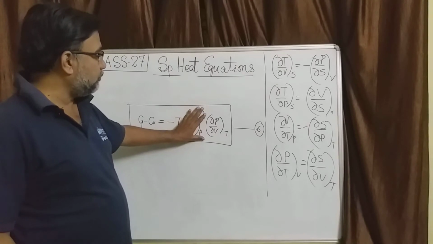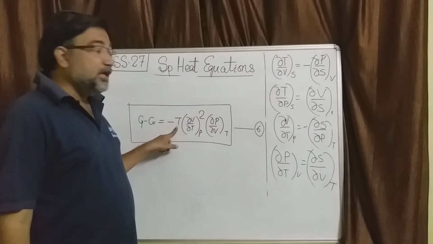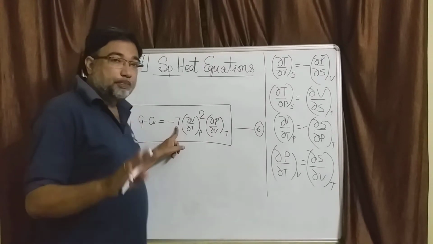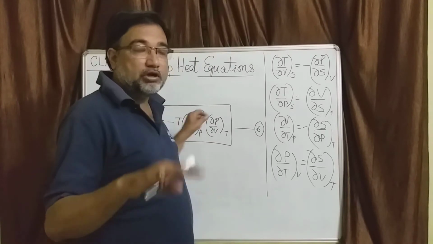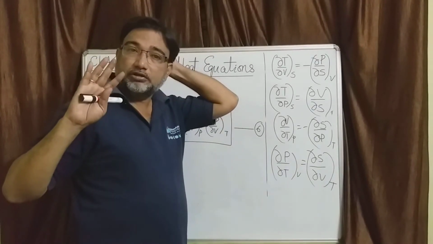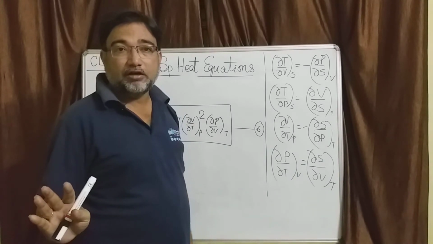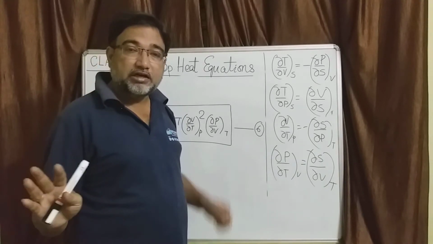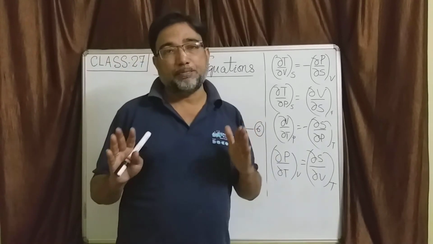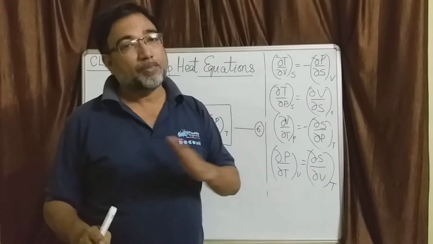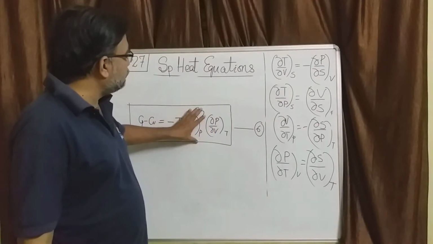So this thing is positive. Now T is absolute temperature. Absolute temperature also cannot have a minus value, because the absolute temperature scale starts from 0 Kelvin. There is no minus 10 Kelvin, minus 20 Kelvin. You have minus 10 degrees centigrade, but you don't have minus 10 Kelvin, because the Kelvin scale starts from 0 towards the positive direction. So T is positive, this is positive.